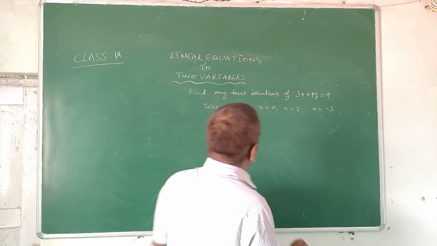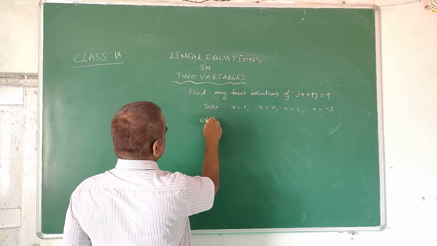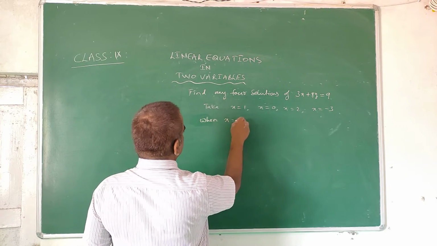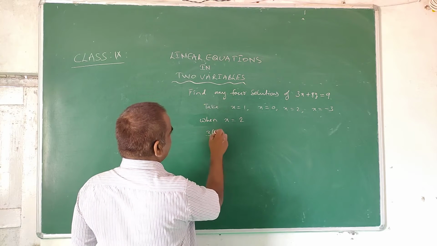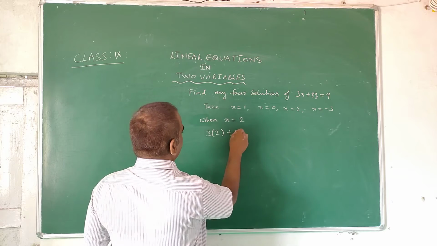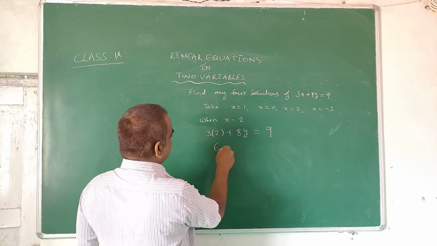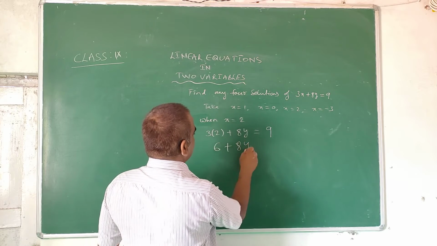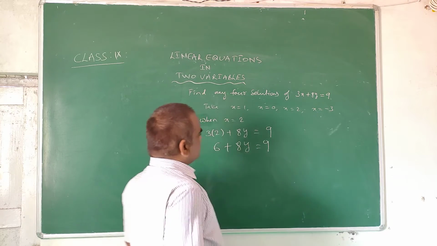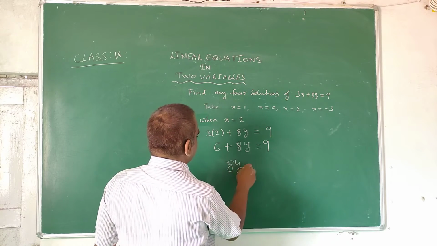Now if you take x is equal to 2, then the corresponding value of y you have to find out. So 3 into 2 plus 8y is equal to 9. 3 twos are 6 plus 8y is equal to 9. So 8y is equal to 9 minus 6.